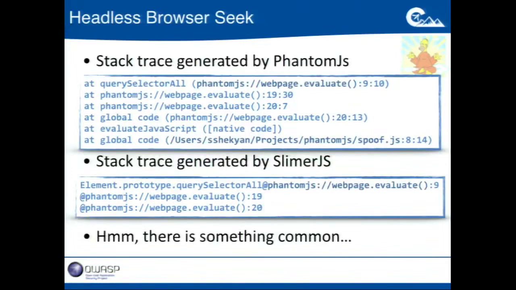I tried to run code that throws an error, and an error object in any browser, although it's not a standard feature, would contain the stack trace of the place in the code where the actual error was thrown. We ran that code in PhantomJS and in Slimer.js, which is a Gecko-based headless browser. The stack traces are completely different, but there's one common thing: they both contain phantomjs://. Let's try to do something with that.